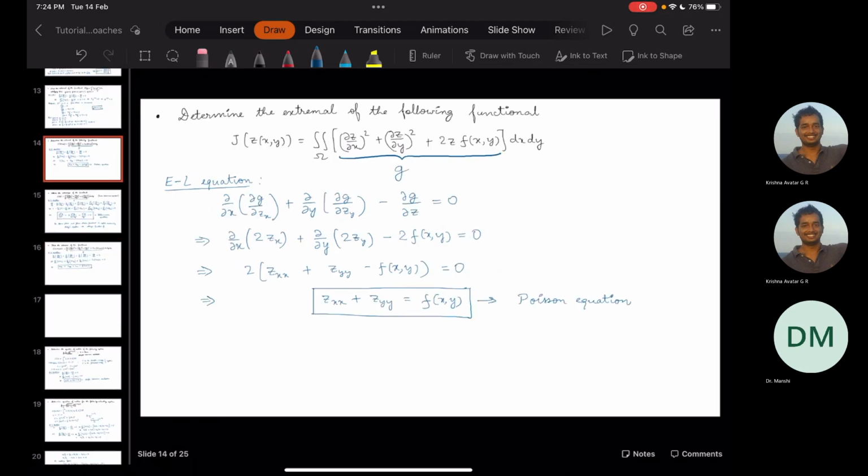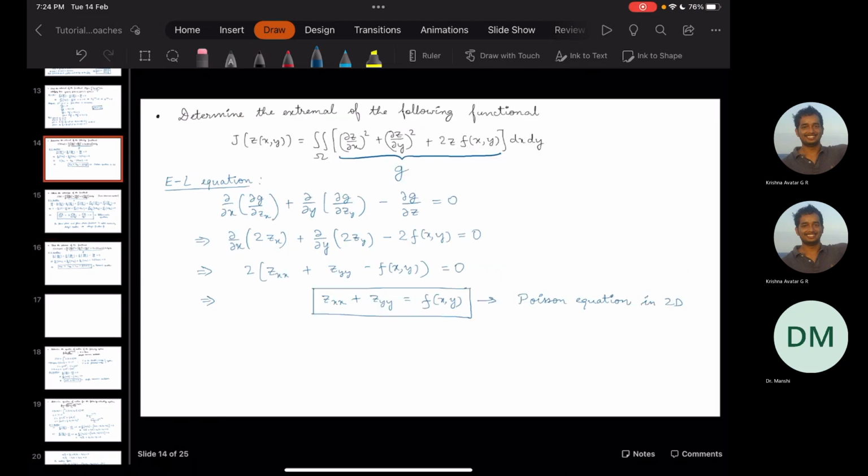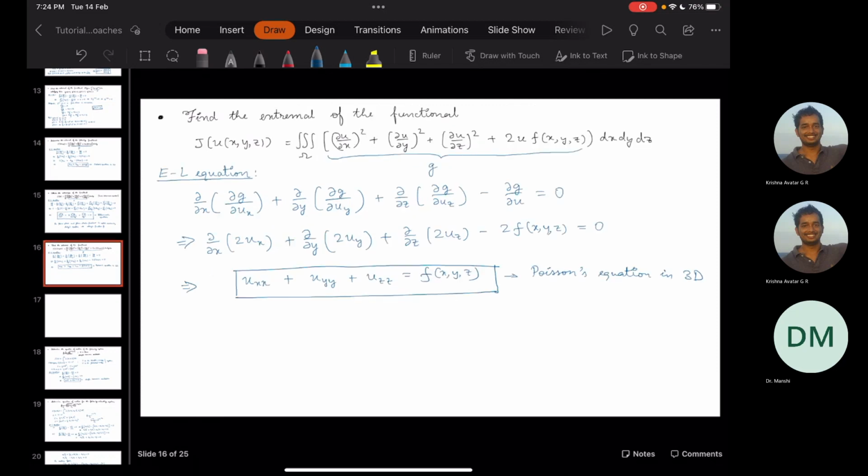The previous one was the Poisson equation in 2D, and this is the Poisson equation in 3D. Likewise, even in this case, it should be Poisson's equation.